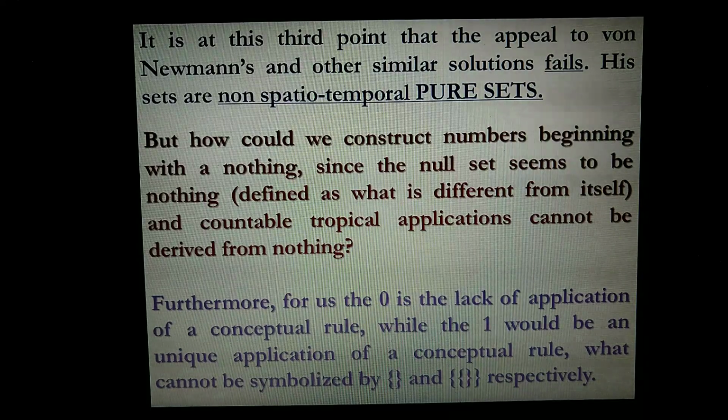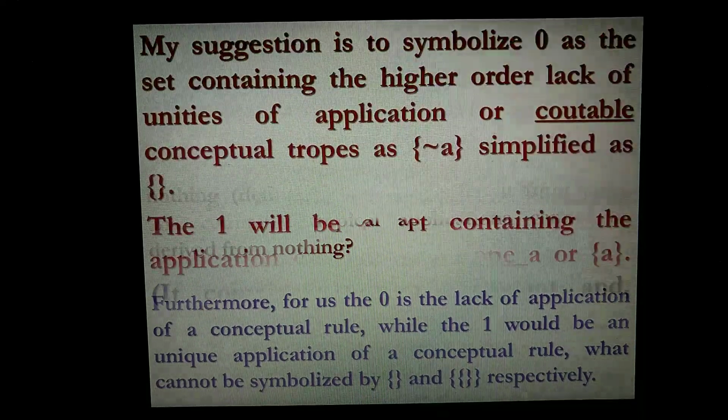Furthermore, for us, the zero is the lack of application of a conceptual rule, while the one would be a unique application of a conceptual rule, what cannot be symbolized by the null set or the set that contains the null set, respectively.